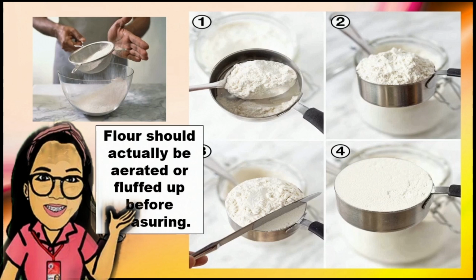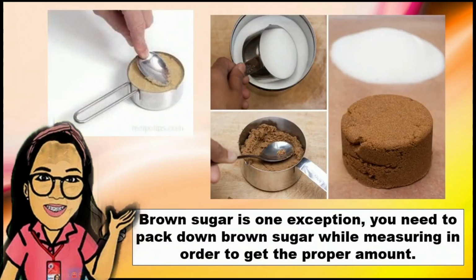A way to fluff up flour is by sifting it. Brown sugar is one exemption. You need to pack down brown sugar while measuring in order to get that proper amount.